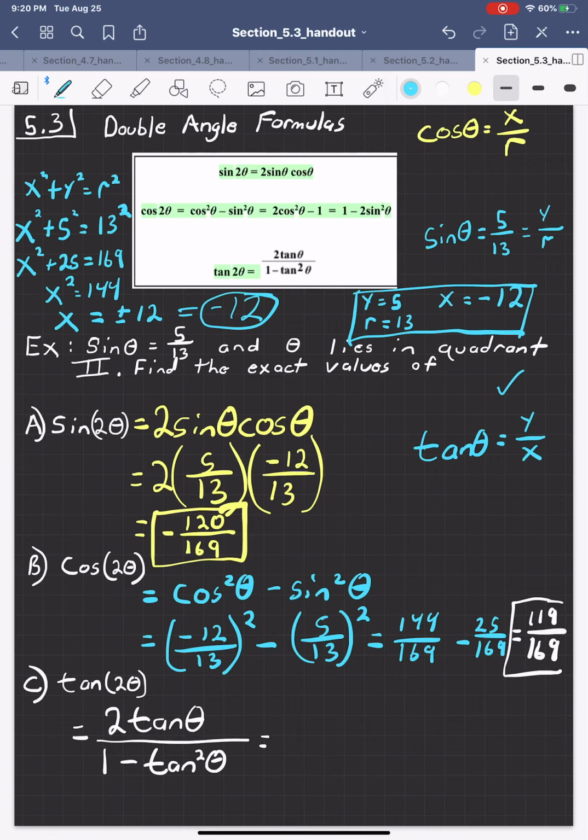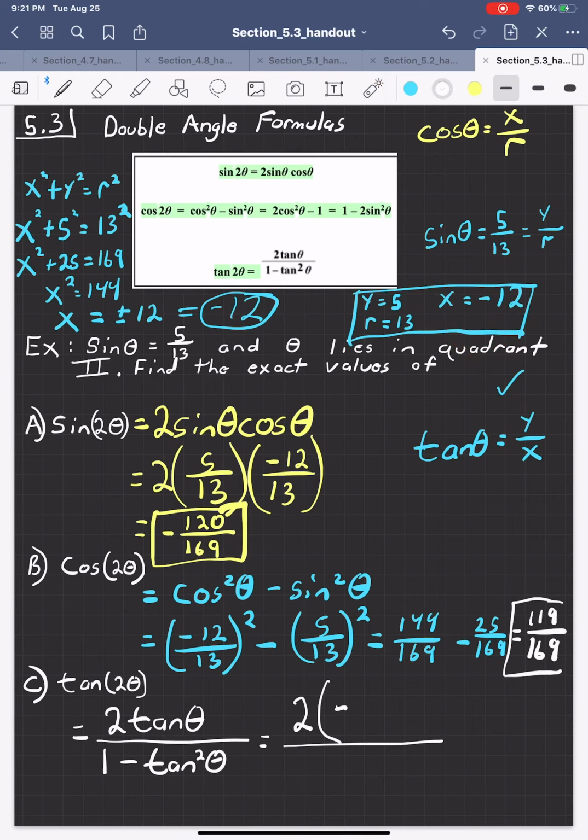All right, so let's rewrite this. So this is going to be 2 multiplied by, well, tan of theta is y over x, and we already know y is equal to 5 and x is equal to negative 12. So that's negative 5/12.